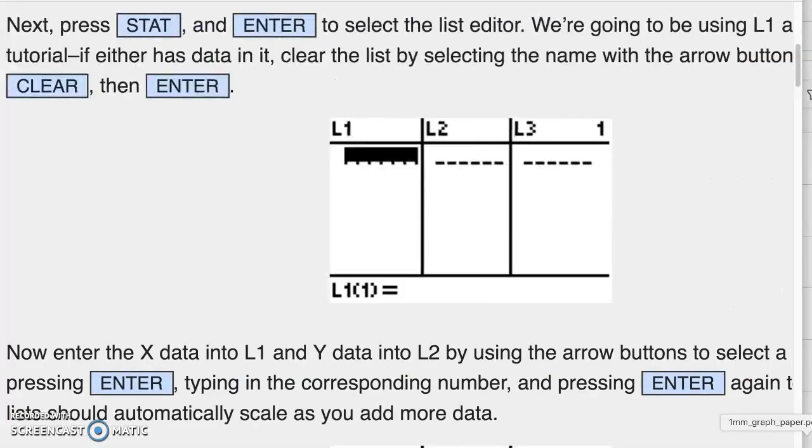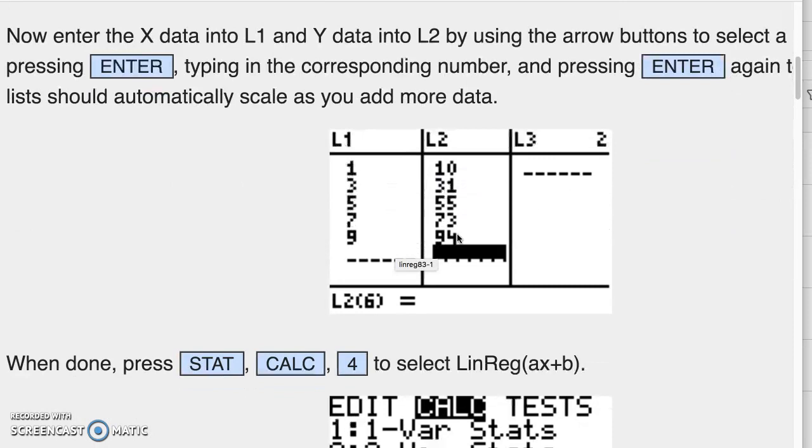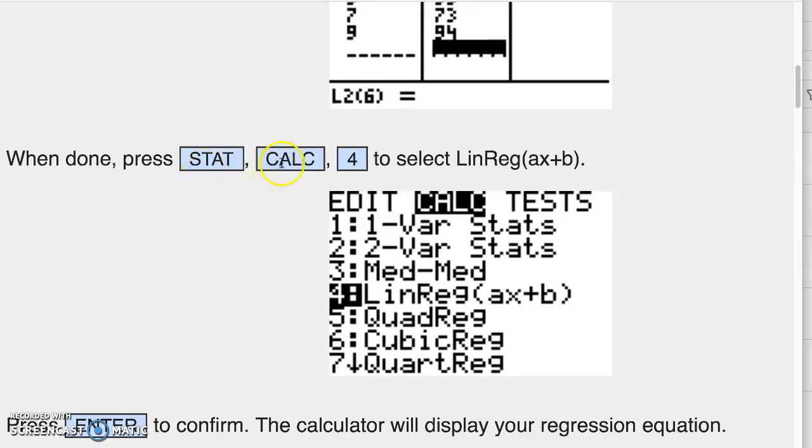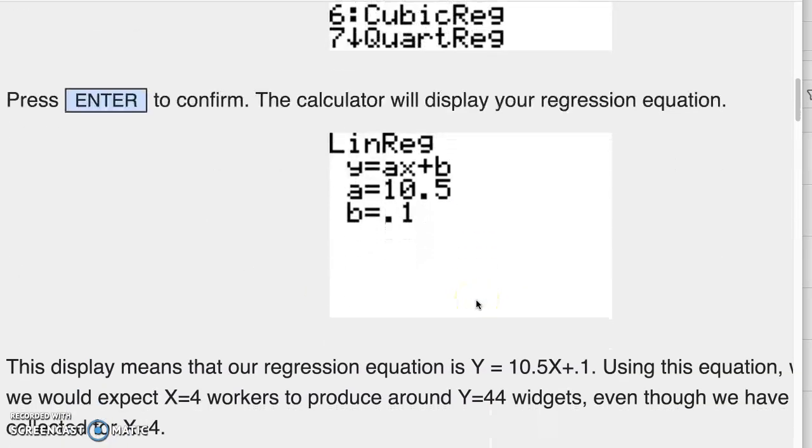I cannot show you this on the calculator, but as I repeat, with the button stat and edit, I will edit my list 1 with the X values. I will then edit my list 2 with all the Y values. Then I go back to stat but this time not edit, but calculation, and I will go for the linear regression.